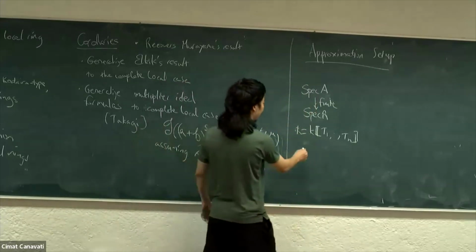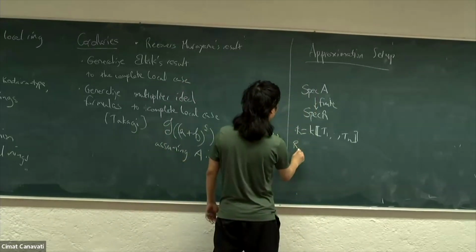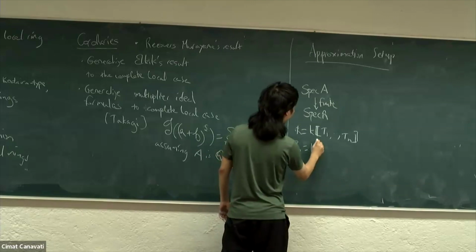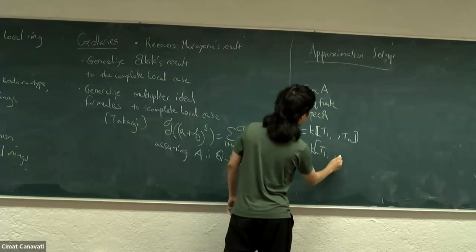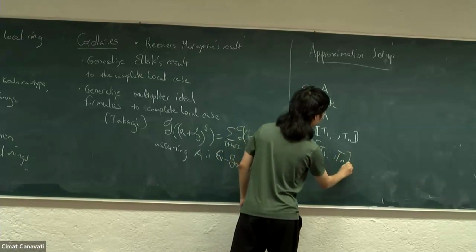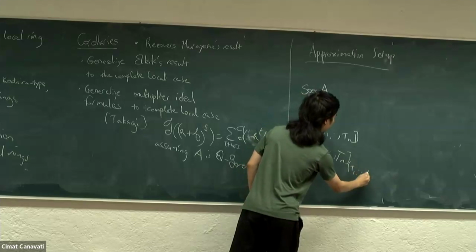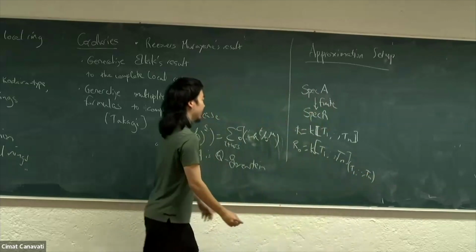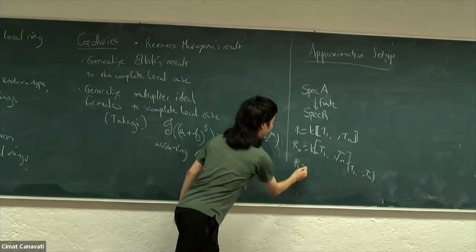And R is the completion of R0, which is the corresponding localized polynomial ring.